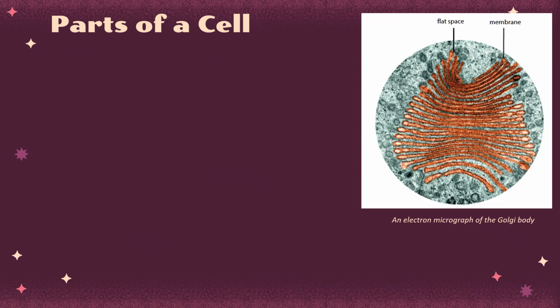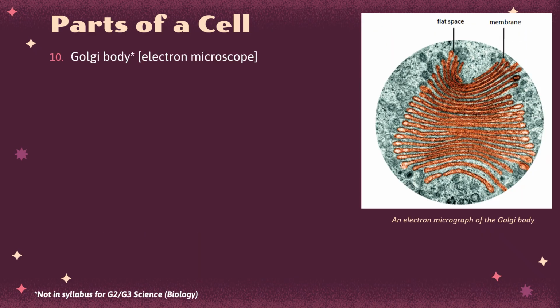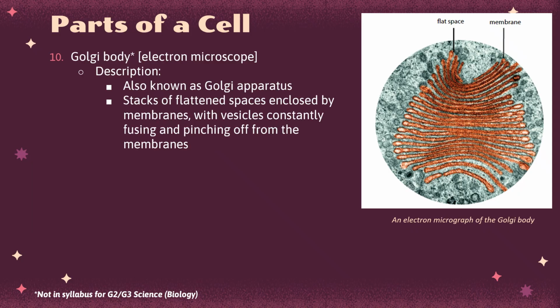The last one is known as the Golgi body. The Golgi body is also known as the Golgi apparatus, but Golgi body is easier to describe. The Golgi body is basically made out of stacks of flattened spaces enclosed by membranes, with vesicles constantly fusing and pinching.